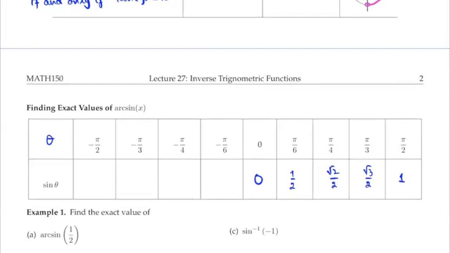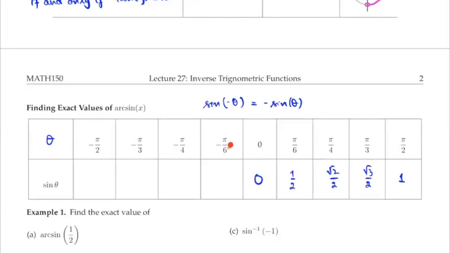Okay. So now what about sine of negative pi over 2, negative pi over 3, negative pi over 4, and negative pi over 6? You remember when we learned about the properties, the sine function is an odd function, so therefore sine of negative theta is equal to negative of sine of theta.